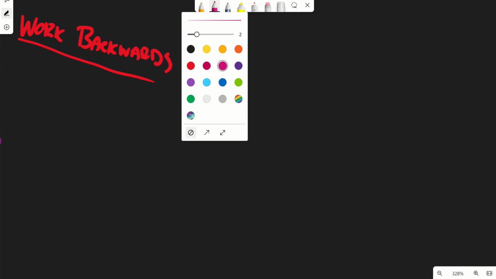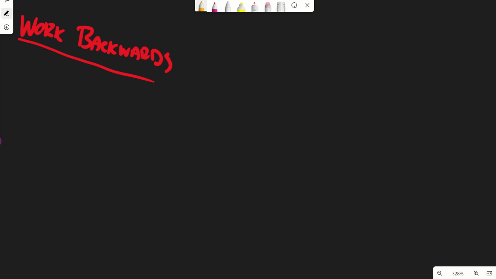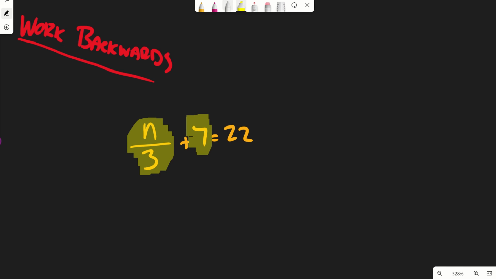Let's change some colors up, get us a fresh view on math. Let's say I have something like n divided by 3 plus 7 equals 22. Same thing. Do you see I have two terms? I have one term that has my variable in it, and one term that doesn't have a variable.